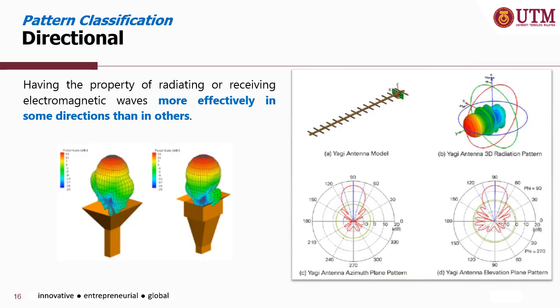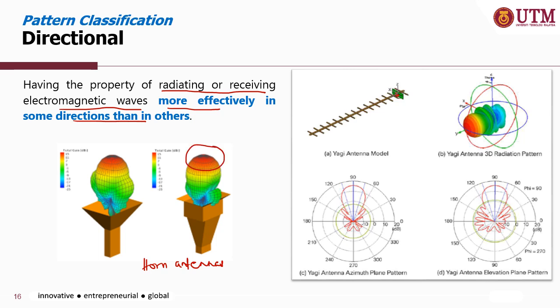Okay, another type of pattern classification is the directional pattern. By definition, directional means that the antenna radiates or receives electromagnetic waves more effectively in some directions than the other directions. For example, the horn antenna, okay, having the main lobe pointing upwards.